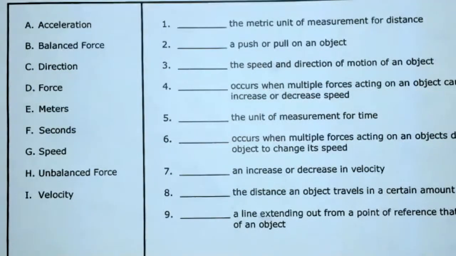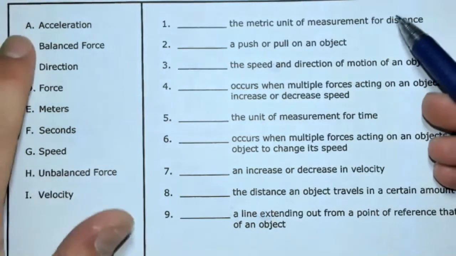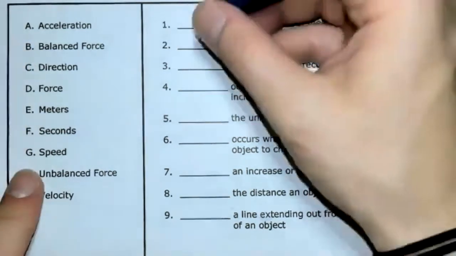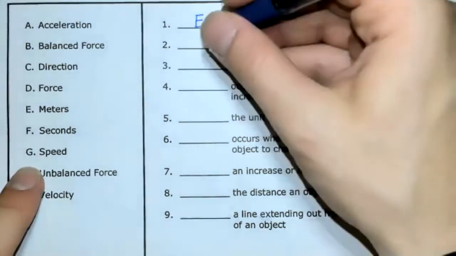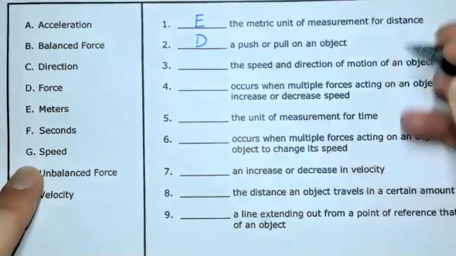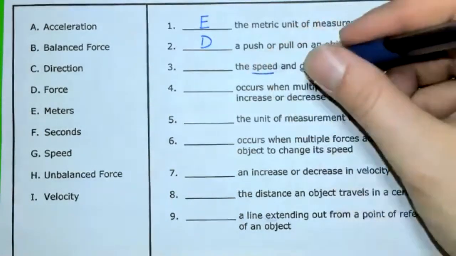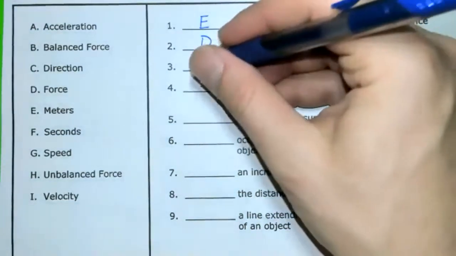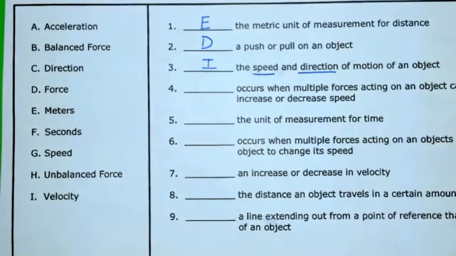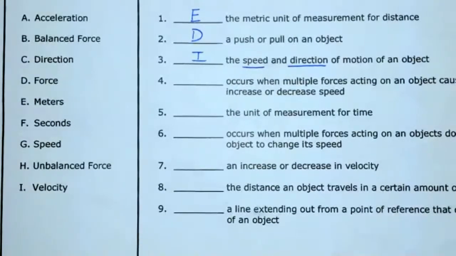All right, so number 1, the metric unit of measurement for distance. So find a unit for distance over here on the left, and we see meters, E. A push or pull of an object, that's force, guys, D. The speed and direction, remember that is velocity, I. Occurs when multiple forces acting on an object cause the object to increase or decrease in speed.